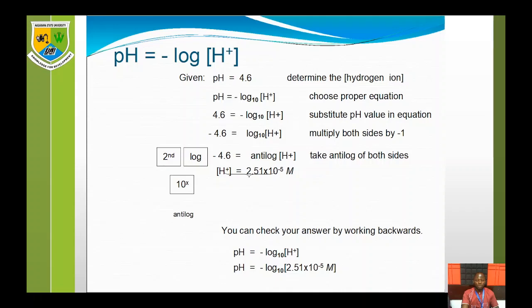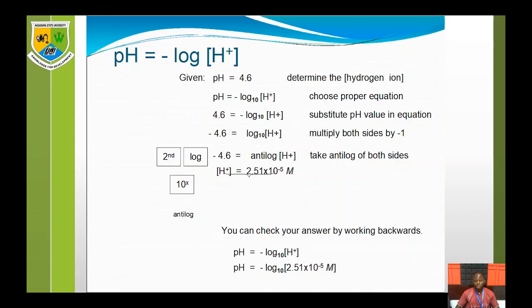So again, in trying to revise, pH equals the negative logarithm to base 10 of the hydrogen ion concentration. Given that the pH of a substance is 4.6, determine the hydrogen ion concentration. The first thing to do is memorize the equation.